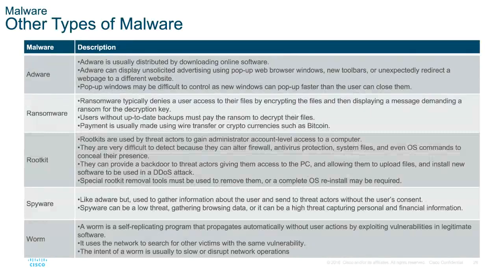So they're very hard to get rid of without the correct tools. Spyware is like Adware, but its purpose is to gather information and send it out to a third party without your consent.